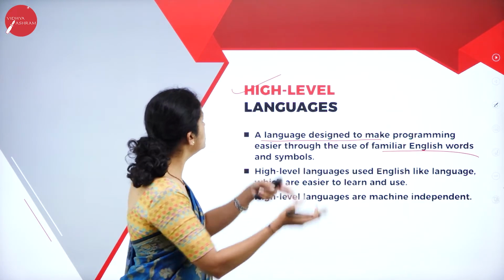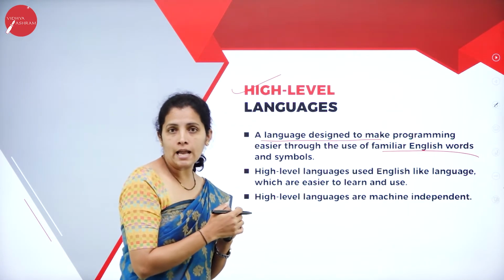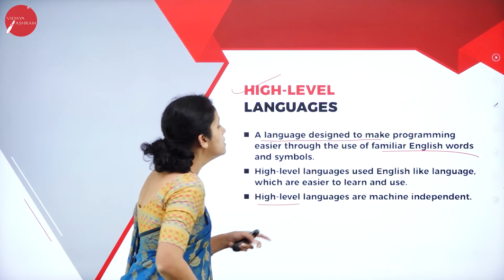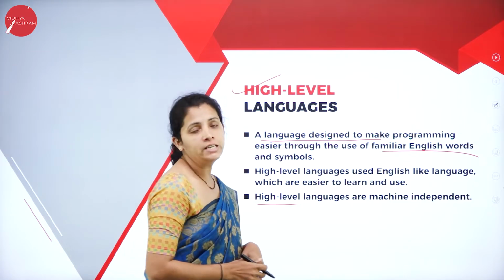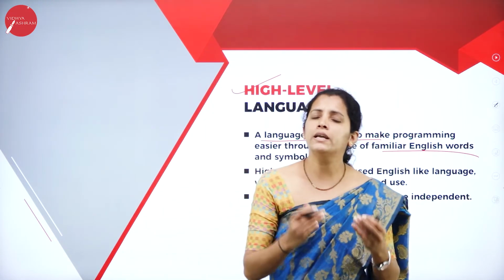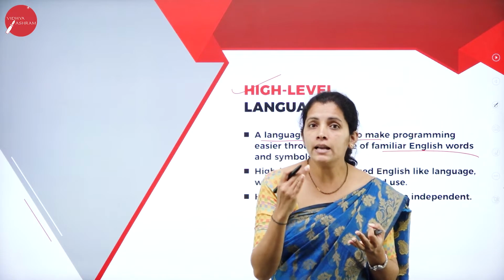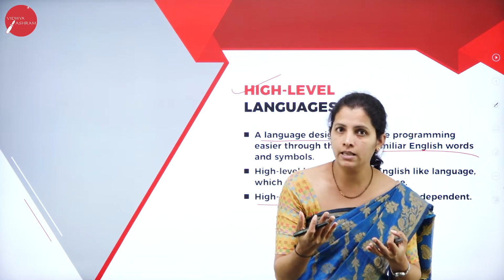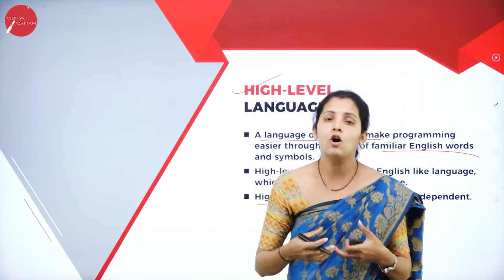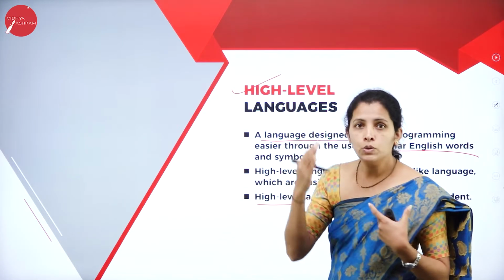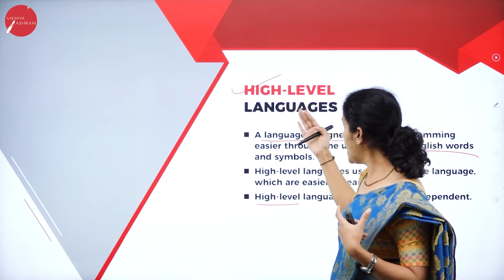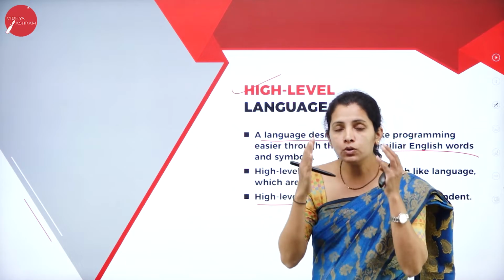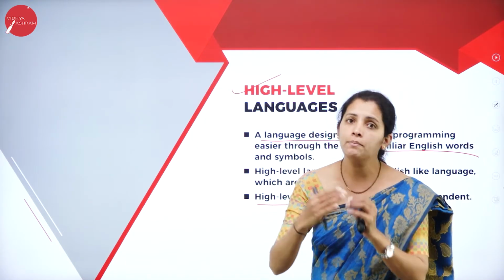For that reason, learning high level programming language is also easy. So high level languages are machine independent. That means whatever high level programming language we have, all are machine independent. Whatever instruction or program we write by using high level programming language is machine independent. That means I can run the same program on some other machine.